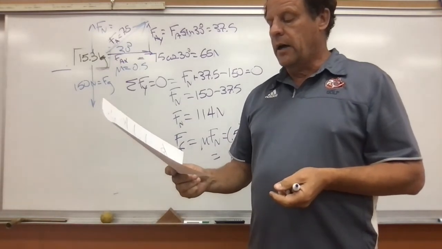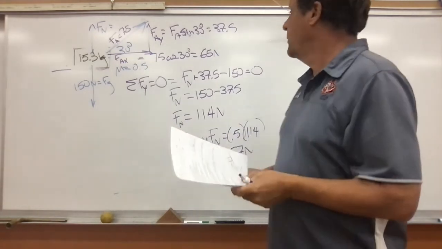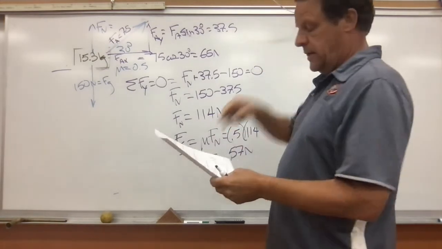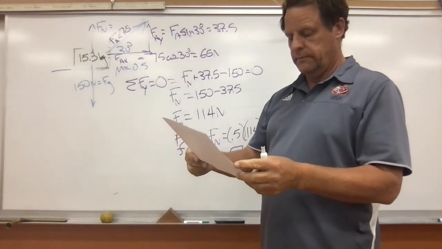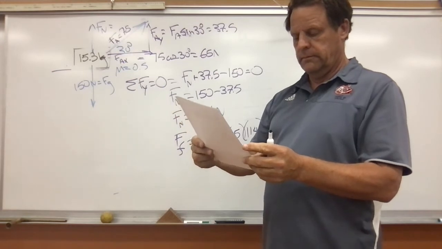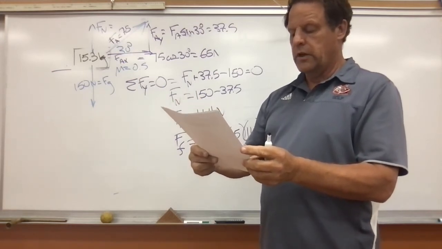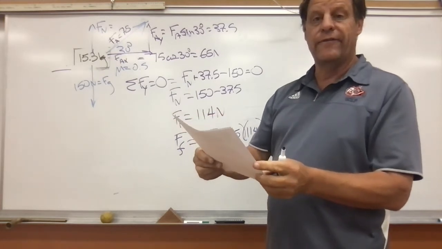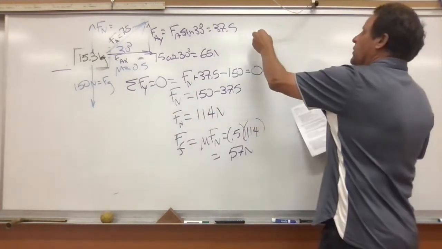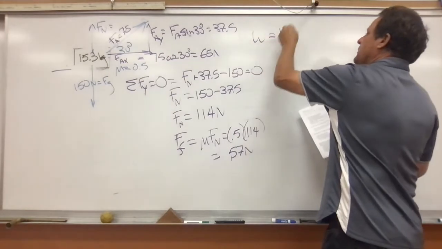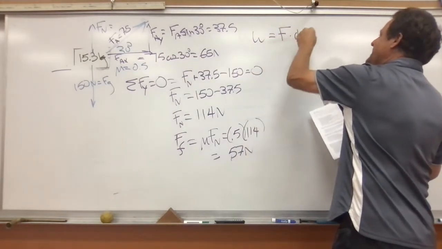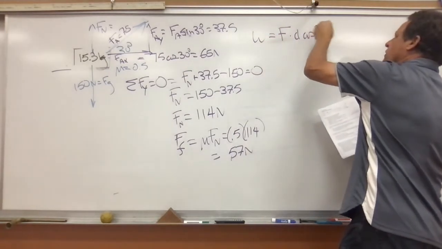Okay, so how much work is done by the applied force? We're still going to move it 5 meters, right? So work is equal to F d cosine theta.